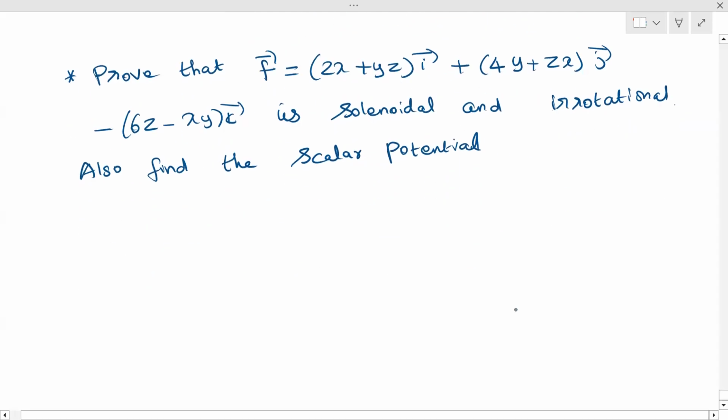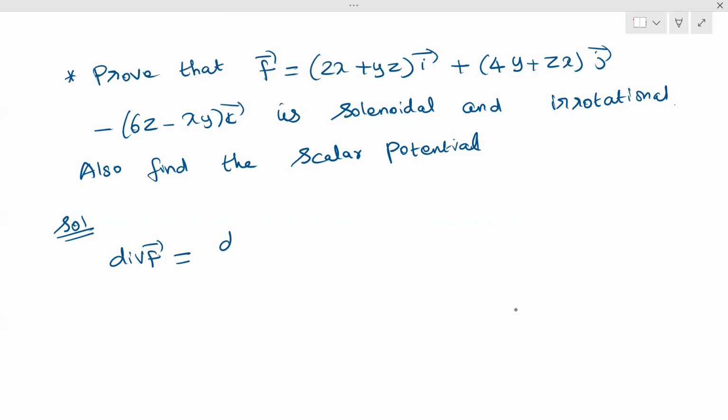So here they are asking to prove this F vector is solenoidal and irrotational, and also to find the scalar potential. So how to prove solenoidal means we have to show divergence F is 0.